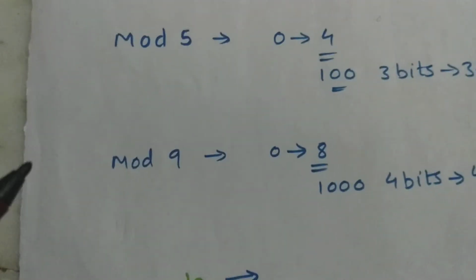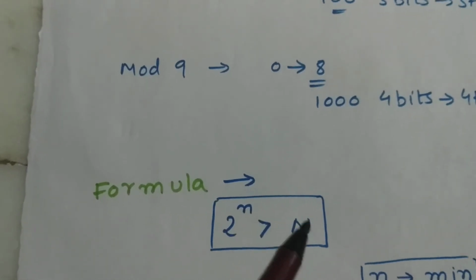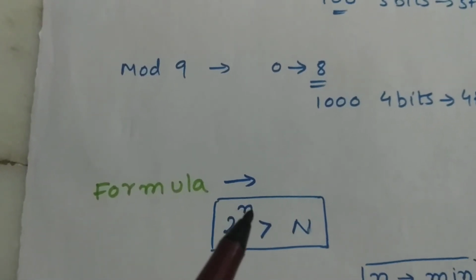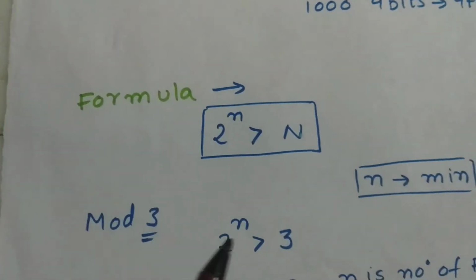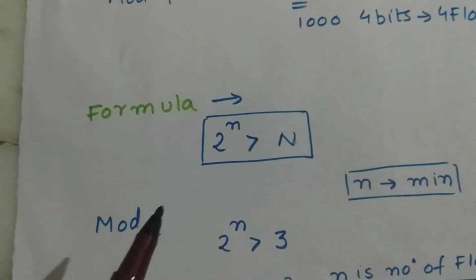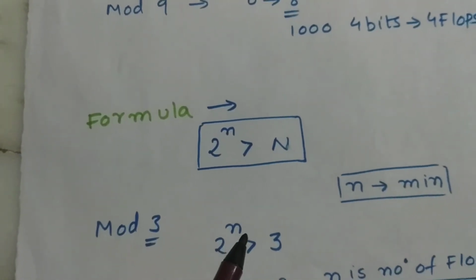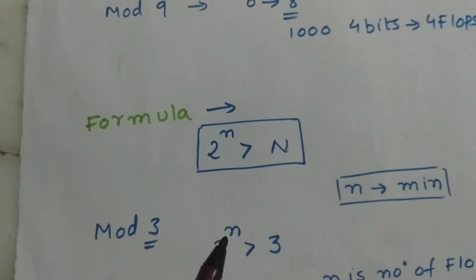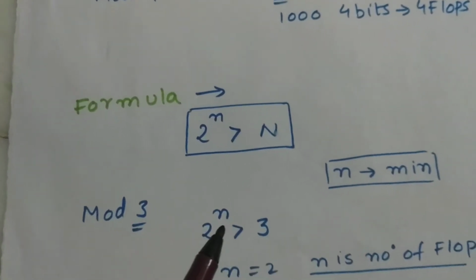And the formula is 2 power n greater than the counter number capital N, where small n is the number of flops. So mod 3 gives capital N equals 3. What is the minimum value of n where 2 power n is greater than 3? So n equals 2.